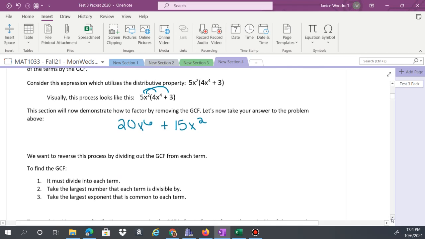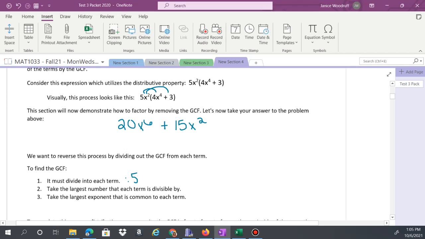If we want to do that, we want to look at our entire polynomial. We want to find something that divides into each term. So we look at the numbers. They're all divisible by what? They're all divisible by 5, and we want the largest number that each term is divisible by.